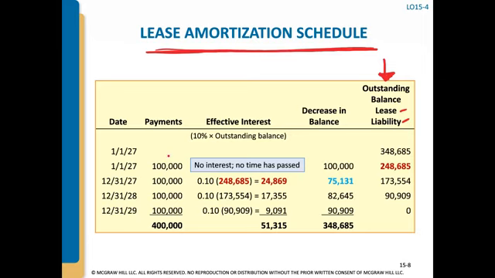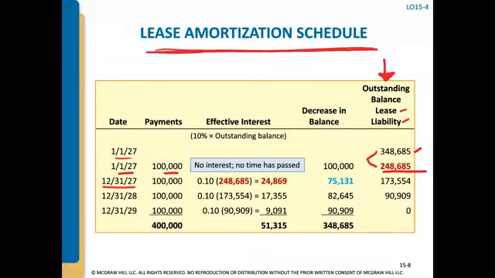For this example, on January 1, 2027, we recorded a lease liability of $348,685. Also on January 1, we made a payment for $100,000. We credited the cash for $100,000 and debited lease liability. So therefore, our entire lease liability is going to go down by that $100,000.